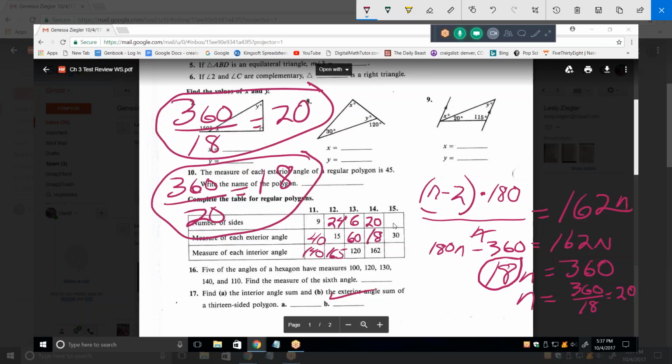We don't have to do much math. I guess we'd do the same math as we would have done originally. You would have divided 360 by 30, and you get 12. Yeah.